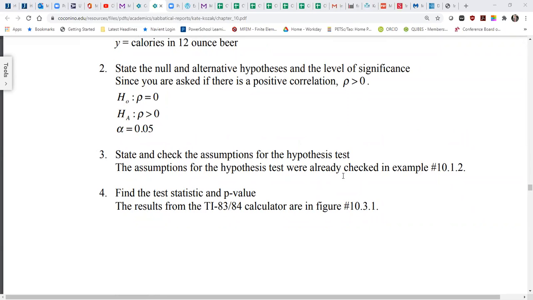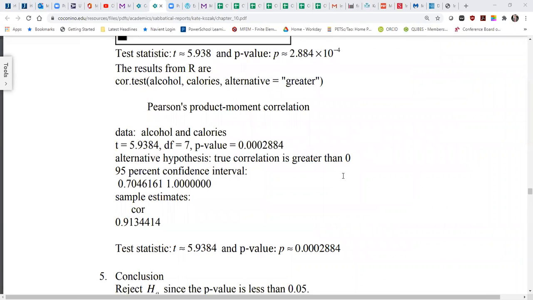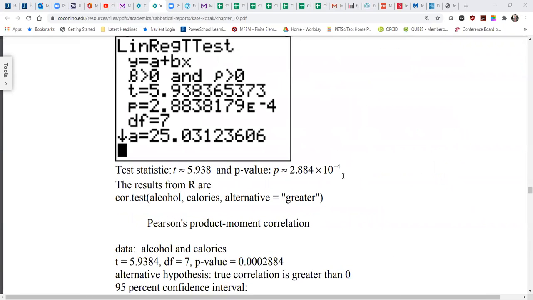We need to go back to sample 10.1.2. After you use the calculator or the R program, you can find the test statistic is this one, the p-value this one.